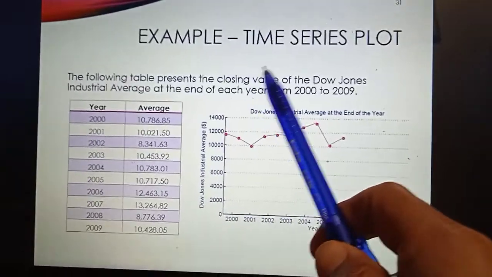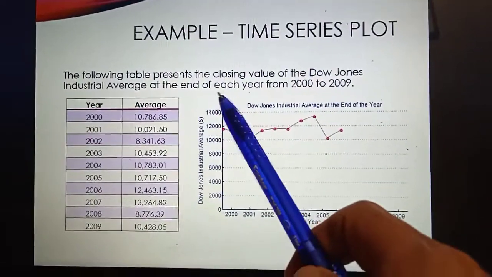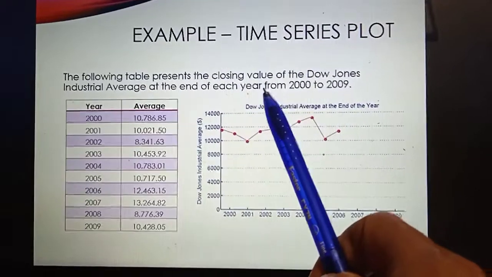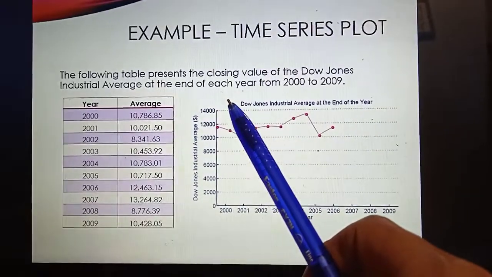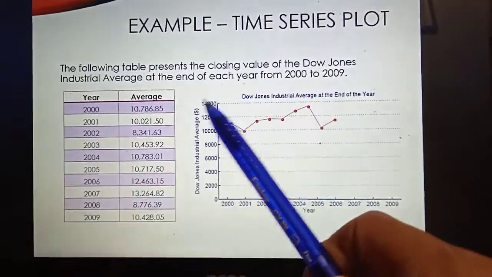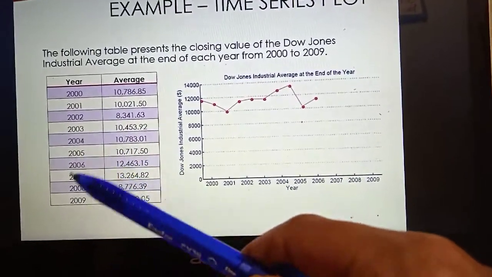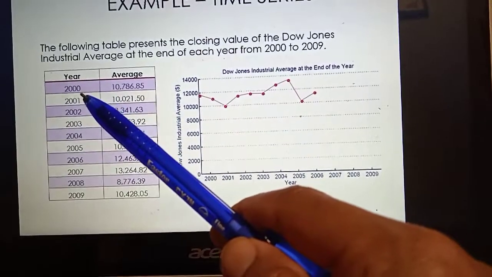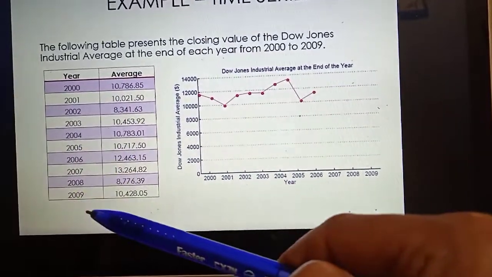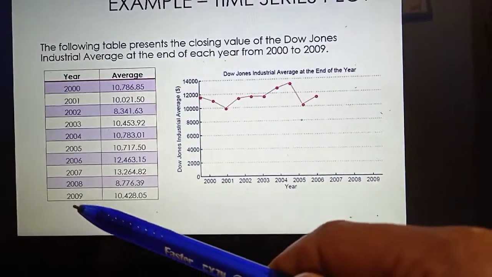Okay, example of a time series plot. The following table presents the closing value of the Dow Jones Industrial Average at the end of each year from 2000 to 2009. We have time-based data, where the starting year is 2000 and the ending year is 2009, so nine years of observation data.